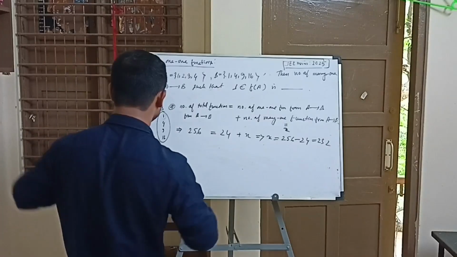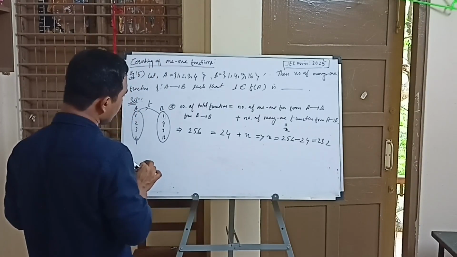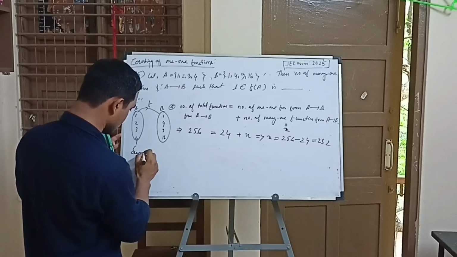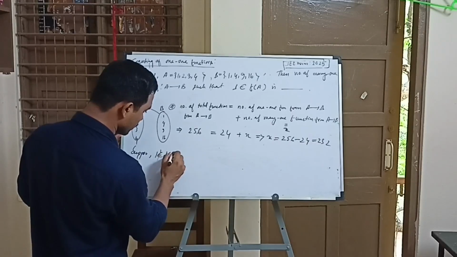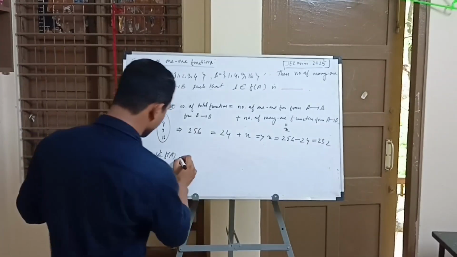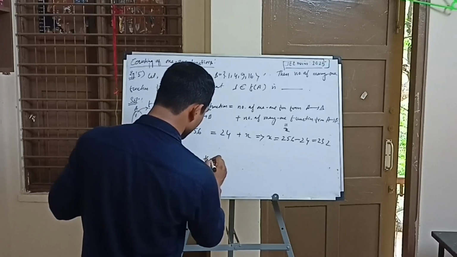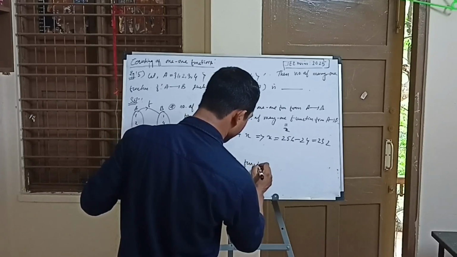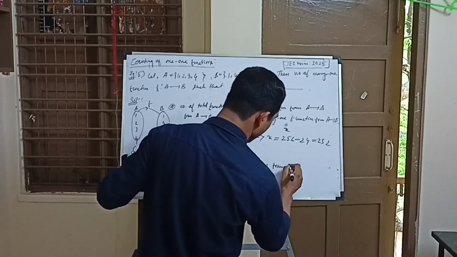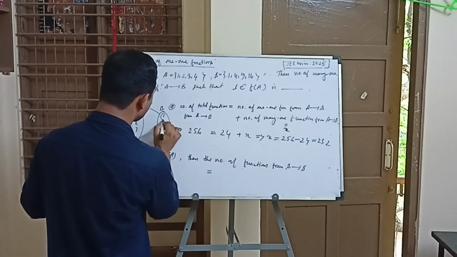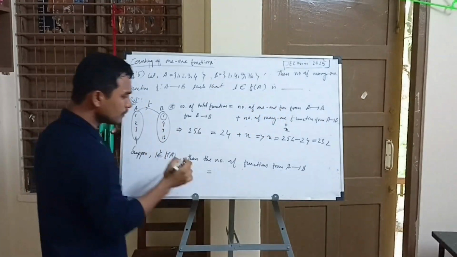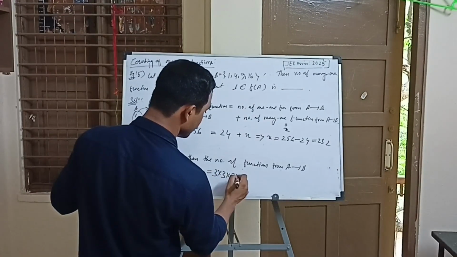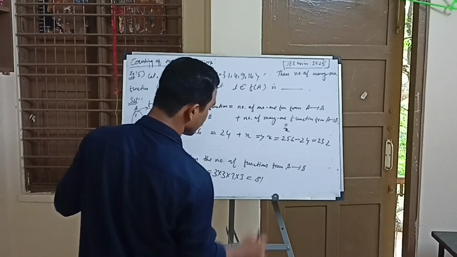Now, next, what we will do? Suppose 1 does not belong to f of A. Then the number of functions from A to B, we will exclude this. f of 1 has 3 choices, f of 2 has 3 choices, f of 3 has 3 choices, f of 4 has also 3 choices, 81.